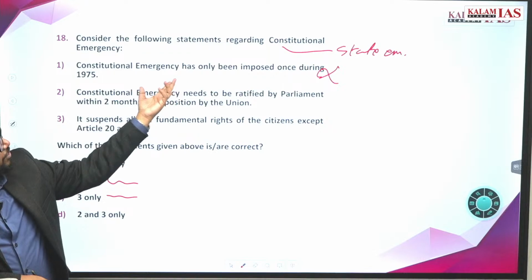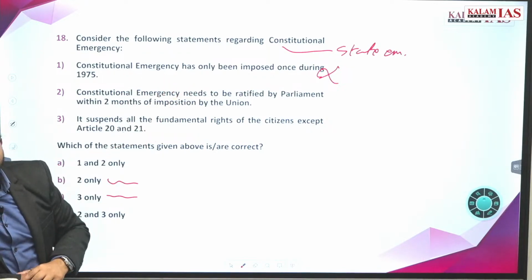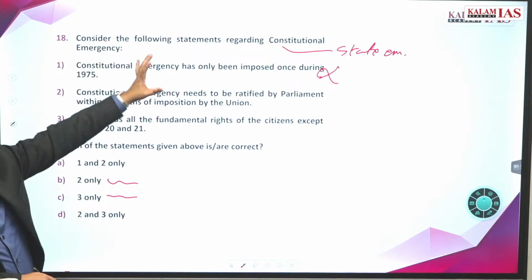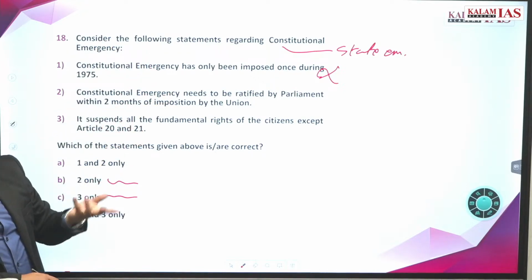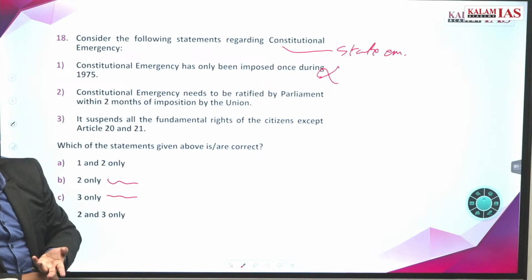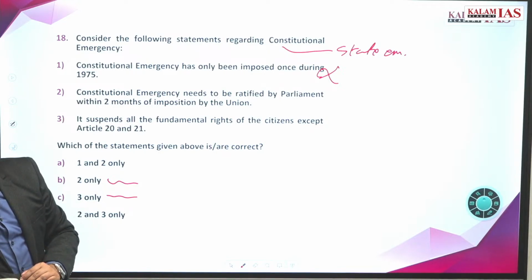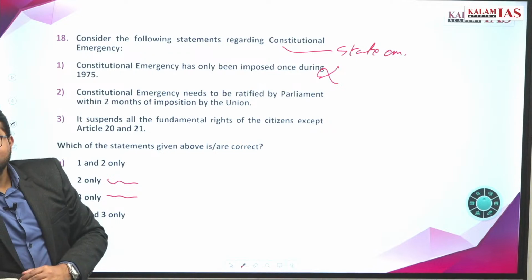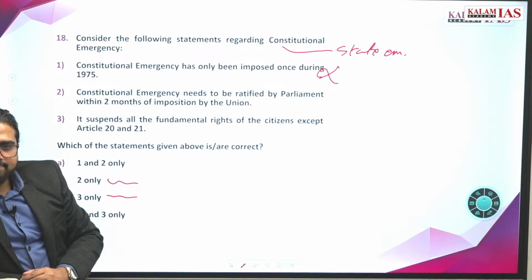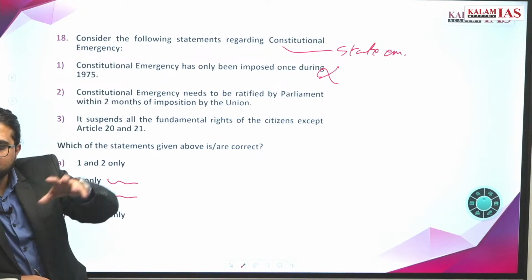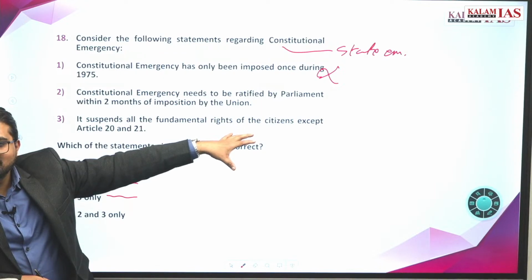First is right now from national emergency. If you think it is state emergency, first is obviously wrong. Then in state emergency, what happens to fundamental rights? President's rule, what happens to fundamental rights? I am talking about president's rule. State emergency doesn't have any impact on fundamental rights.